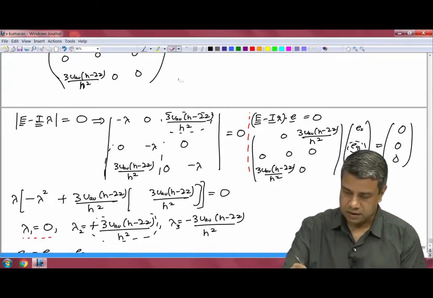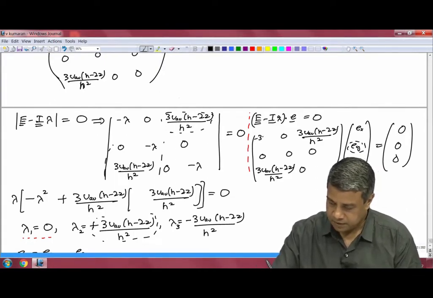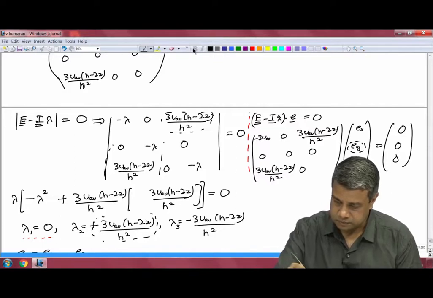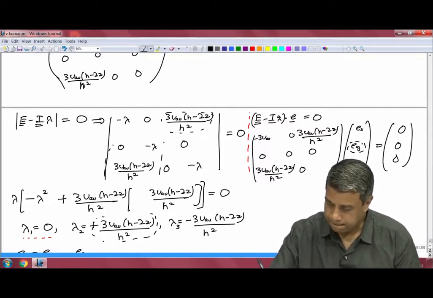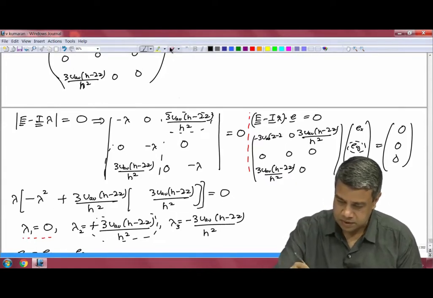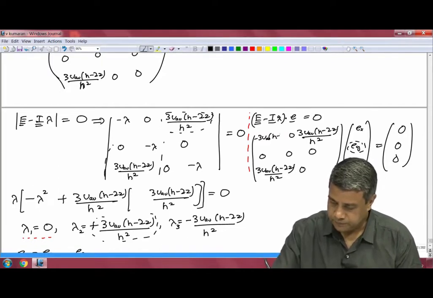The diagonal terms in this equation are minus 3 VAV into Z minus 2 H minus 2 Z, H square.